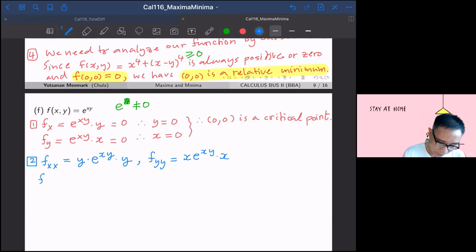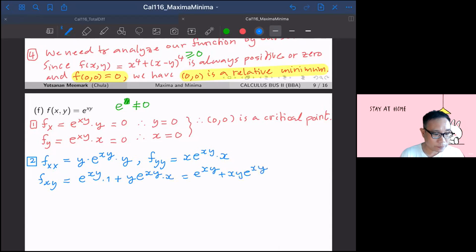And for fxy, it is the first derivative of the second, which is 1, plus the second derivative of the first, e to the xy times x. You differentiate with respect to y, don't forget that. So it is e to the xy plus xy e to the xy.